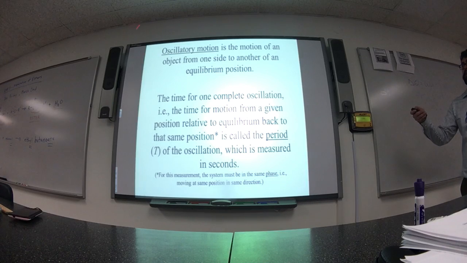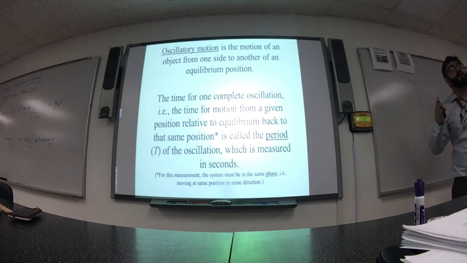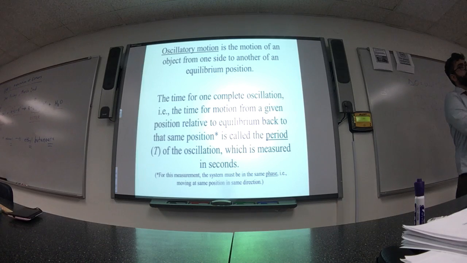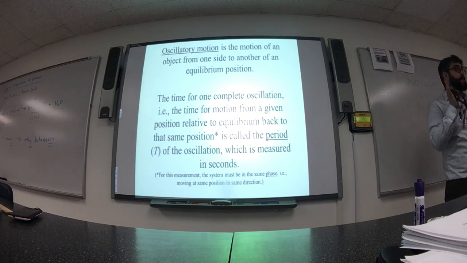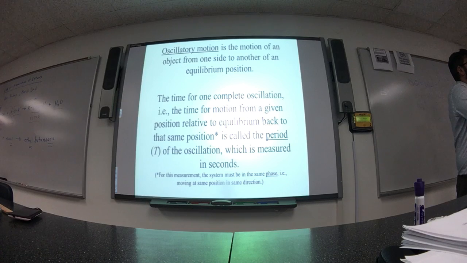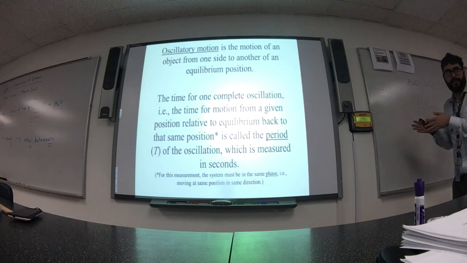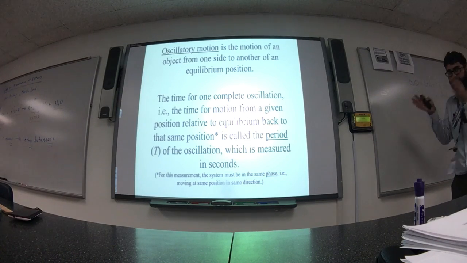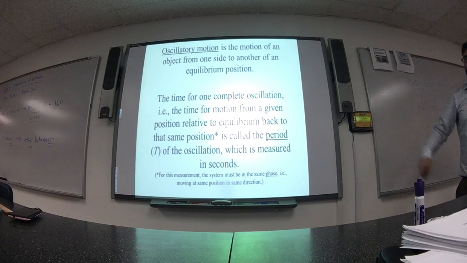The amount of time it takes to do one complete oscillation, one cycle of back and forth, and that's the place where a lot of people struggle. It's not just back, and it's not just forth, it's both of those together, is called a period.